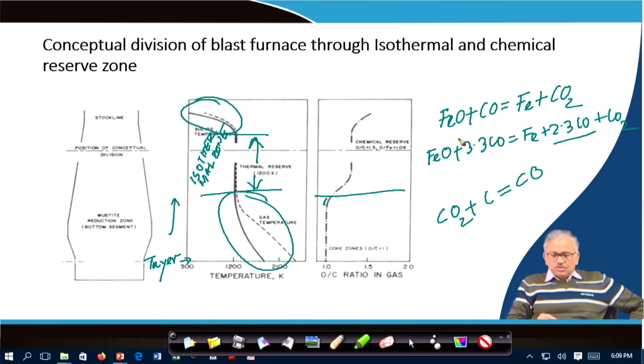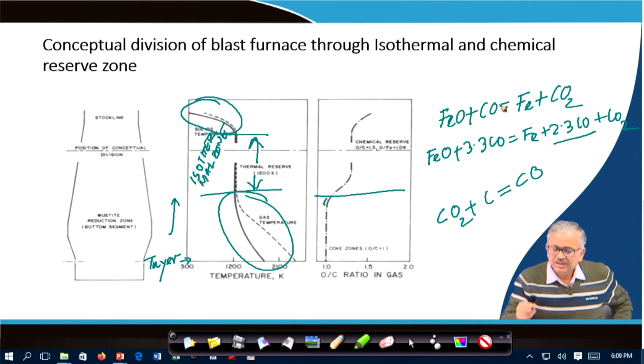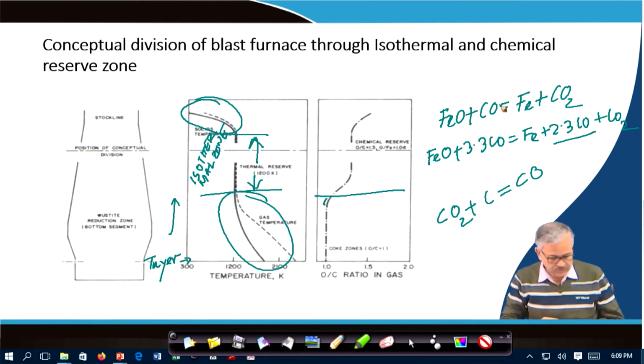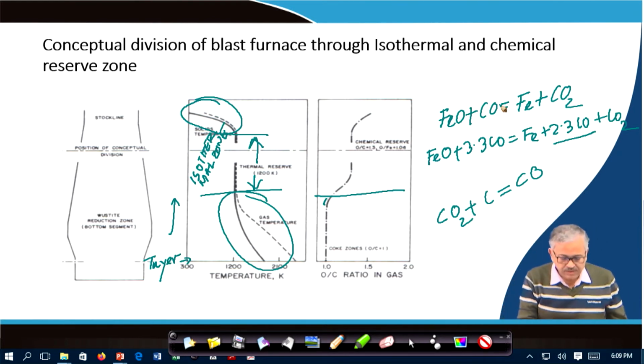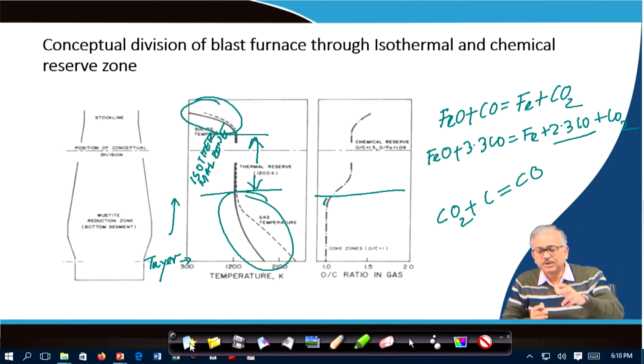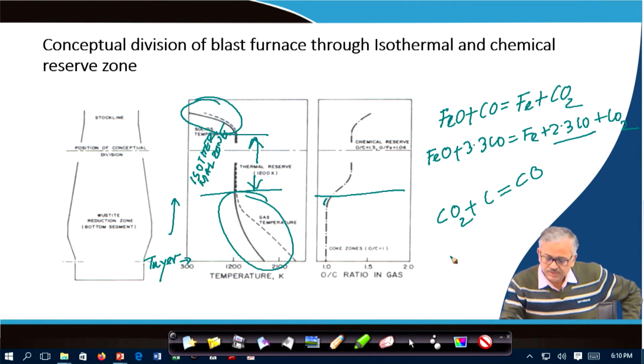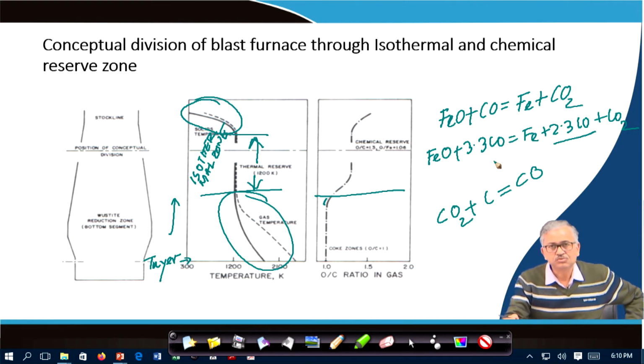Okay. So, that is what we have seen, and if we write it in this fashion, what is the O by C ratio that you can find? We know that only 30% of CO is utilized.